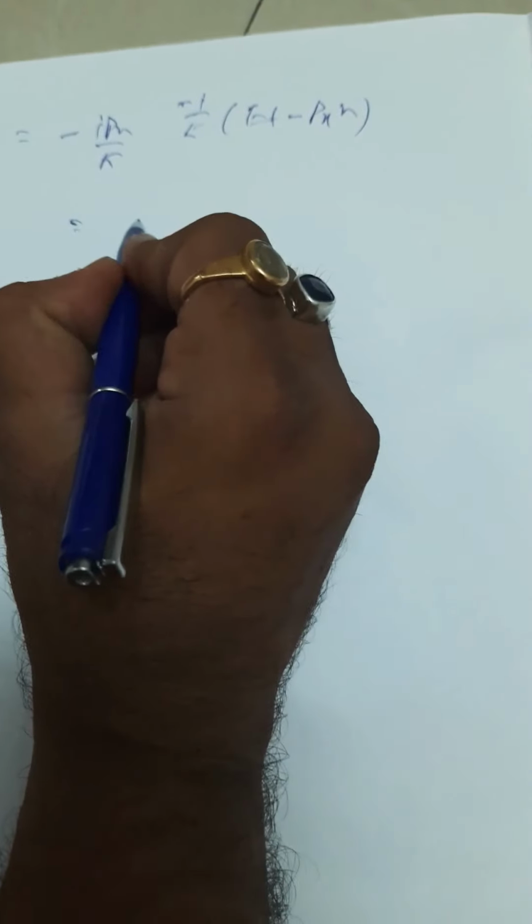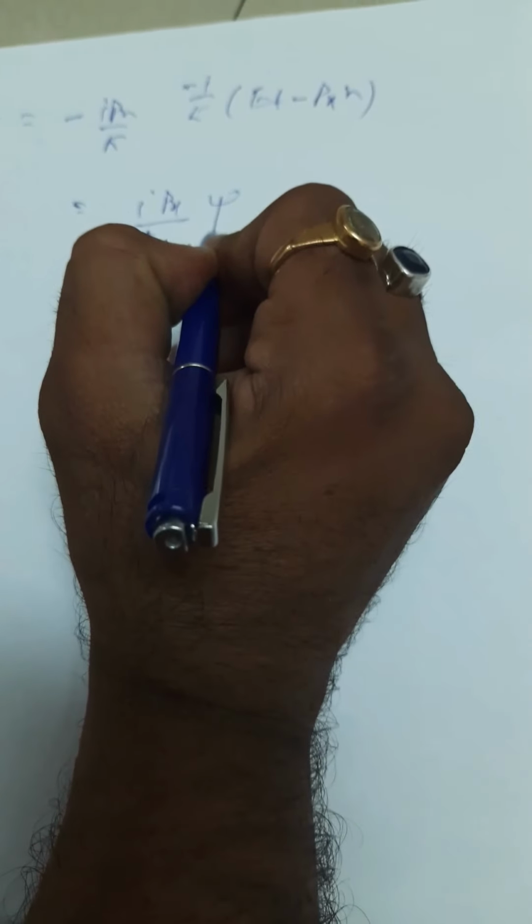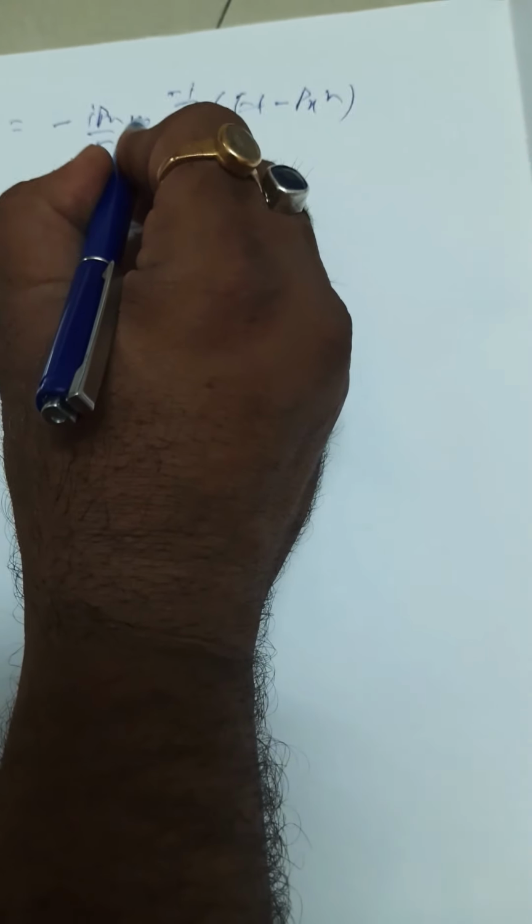So this will finally be equal to i p_x by h cross into psi. Here we missed out psi naught.